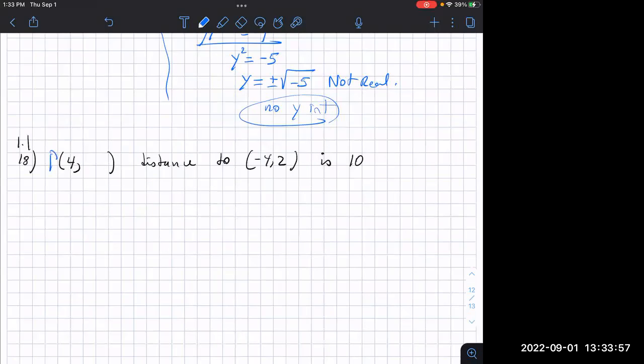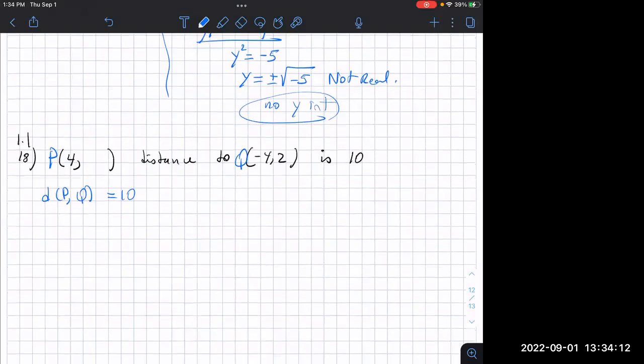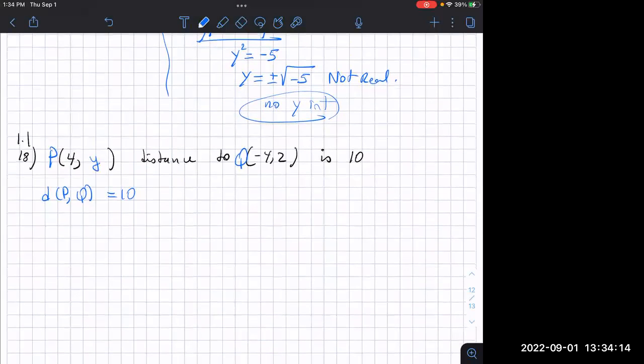So let's call this P and this Q. We're saying that the distance from P to Q is 10. We apply the distance formula. I don't know the second component of P, so let's call it y. So you apply the distance formula to (4, y) and (-4, 2).